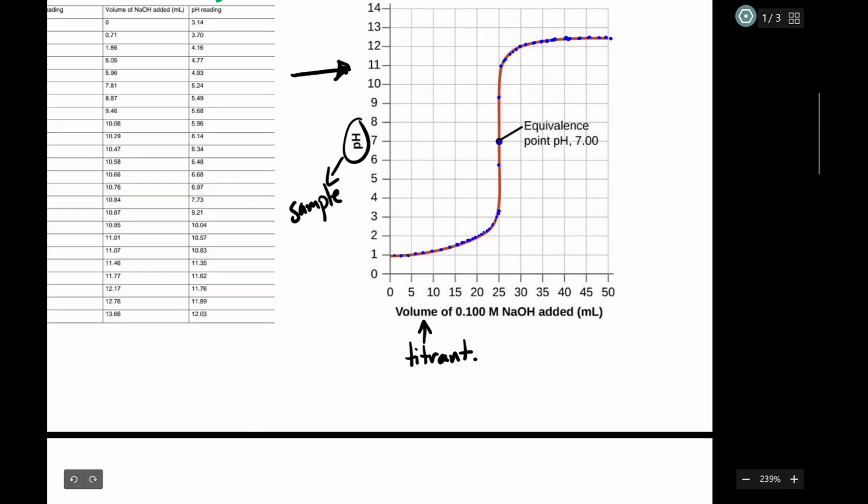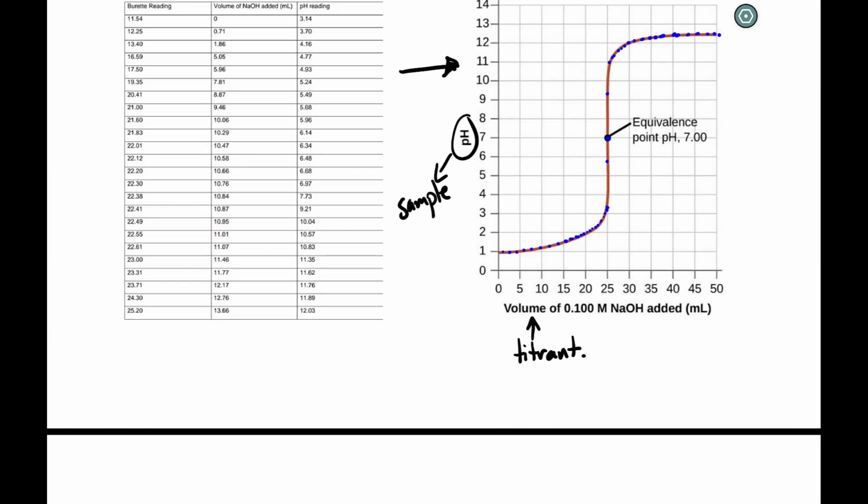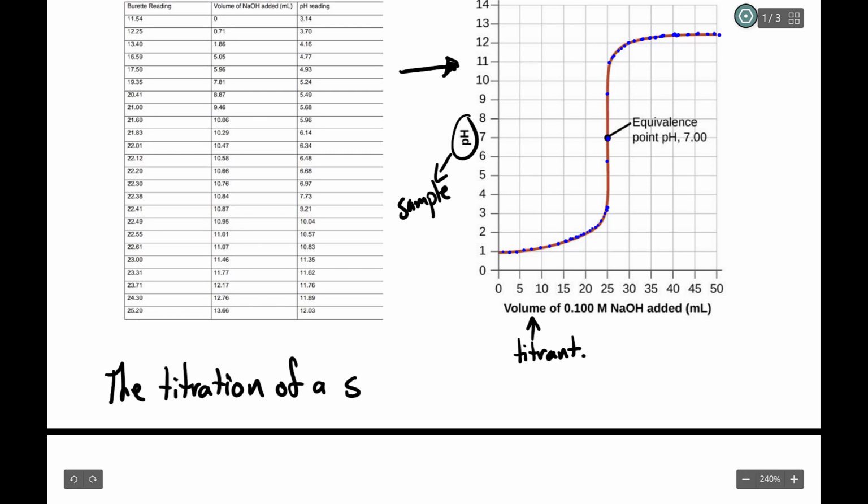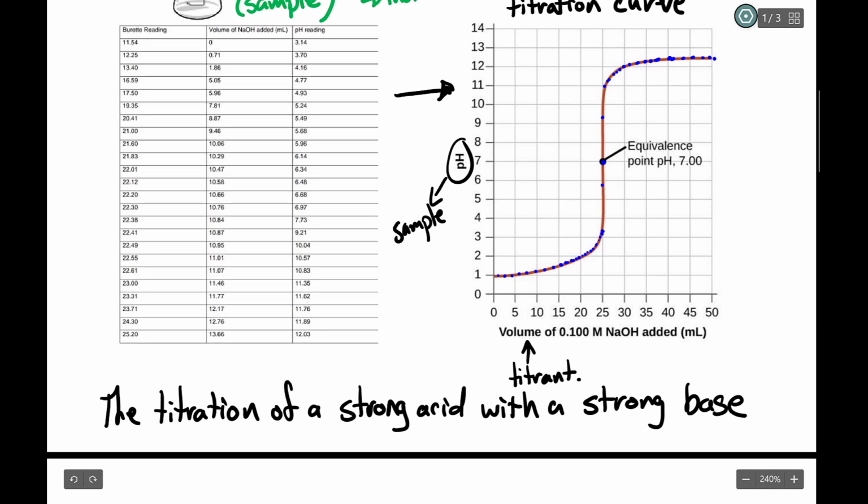So when I look at this specific graph, I know that this was the titration of a strong acid with a strong base. Okay, and I'll tell you why.